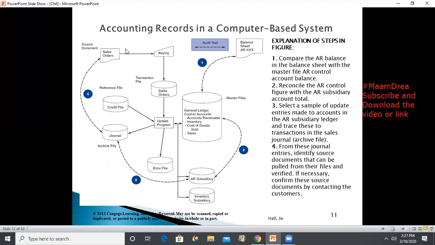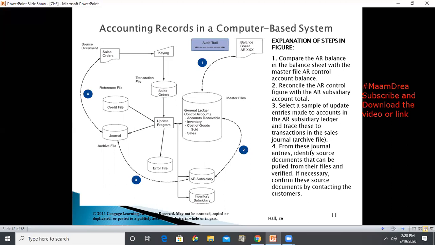Remember? And then my sales clerk or my assistant will have to enter or key it in our digital media, thus creating a transaction file, which is the sales orders, which also serve as our digital source documents. The input is now in digital form.